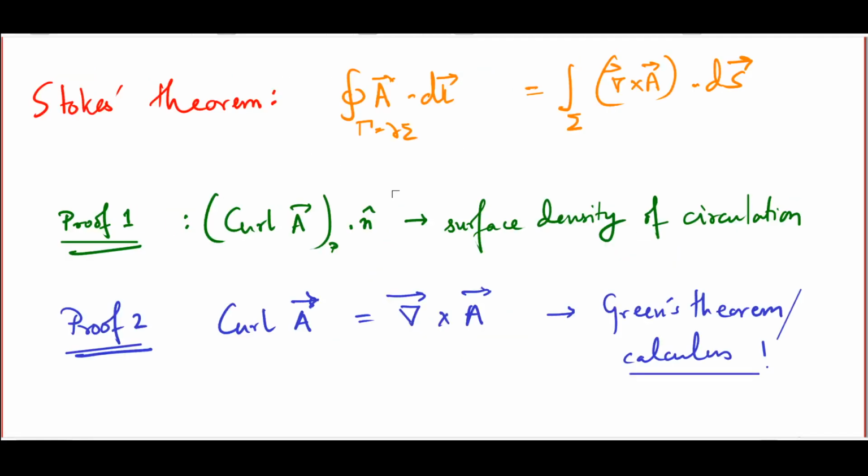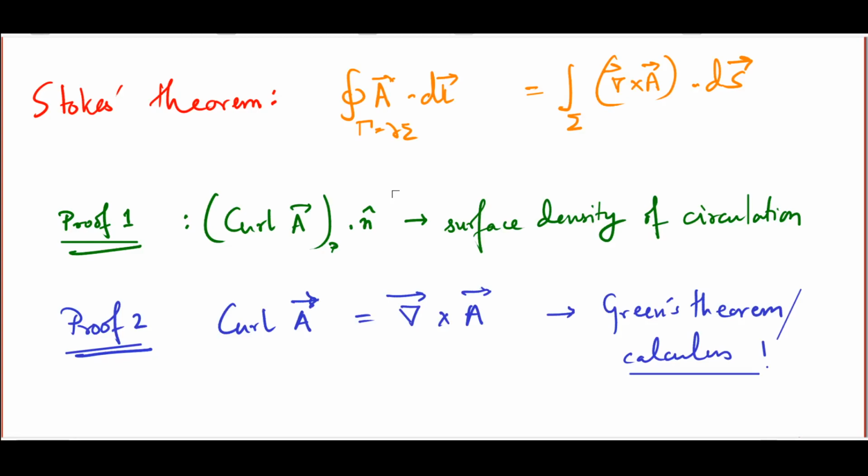Now the proof of Stokes' theorem that we have given in the lecture so far, the one that I am calling proof number 1, essentially uses the definition of curl of A as something which has to do with the surface density of circulation. Just as in the case of the divergence theorem, where there was a more formal proof given more mathematically, a similar proof can also be given for Stokes' theorem.